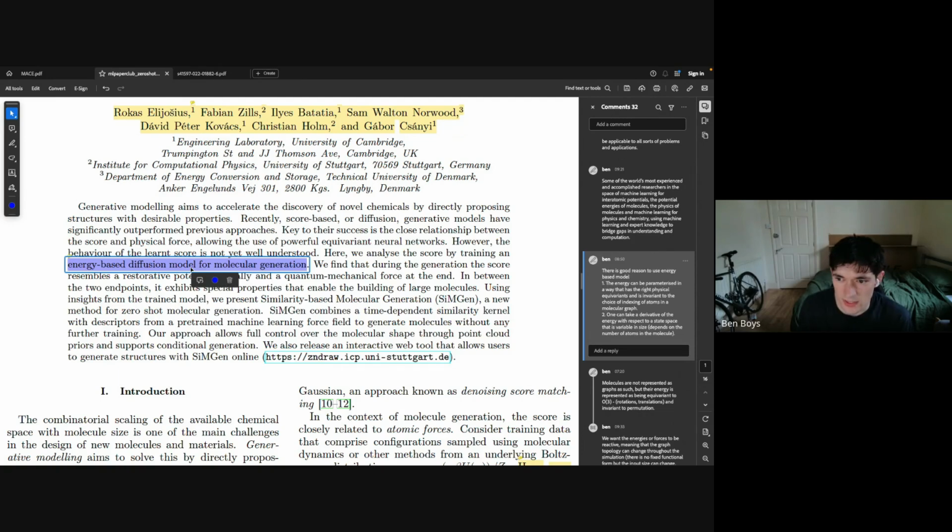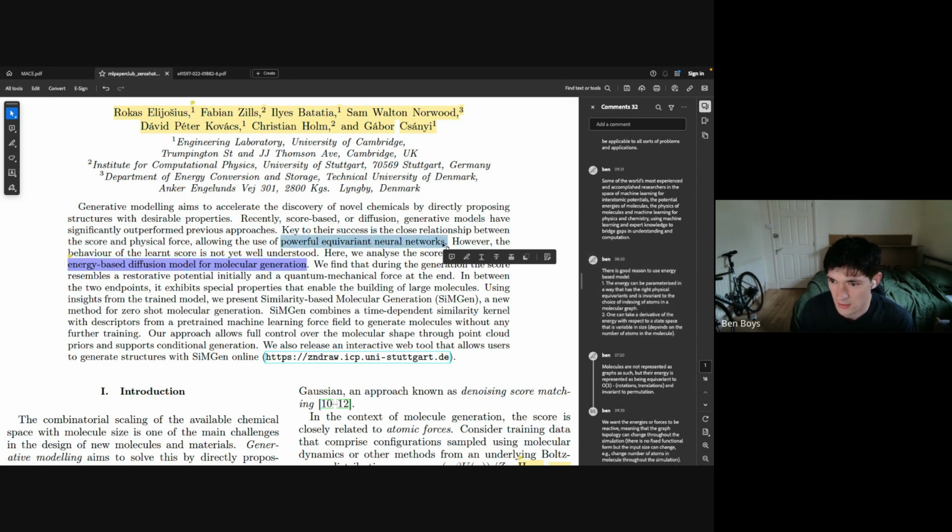So I think there's a good reason to use energy-based models. And one of them is this parameterization using powerful equivariant neural networks. And the energy can be parameterized in a way that has the right physical equivariance. What that means is it's going to be invariant to a group, which is a group that represents rotations and translations.